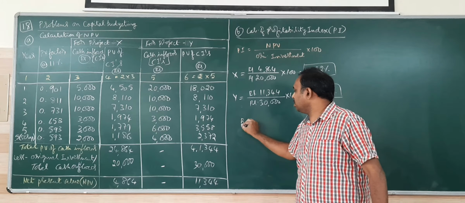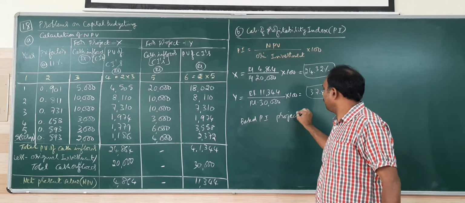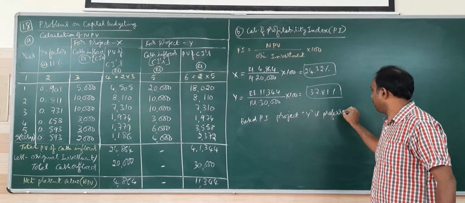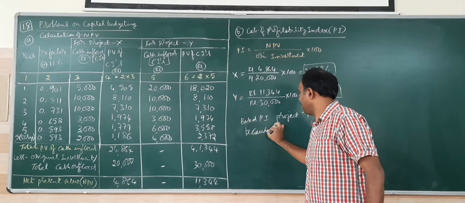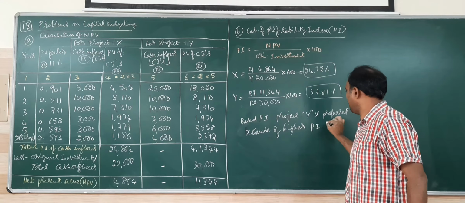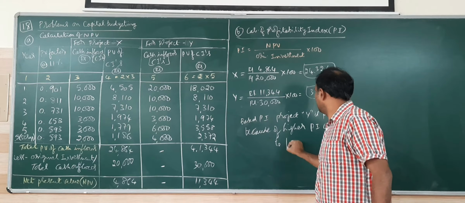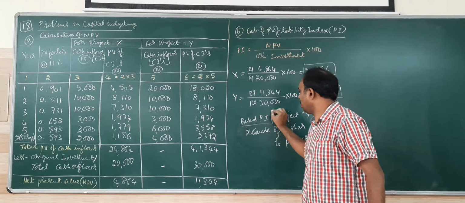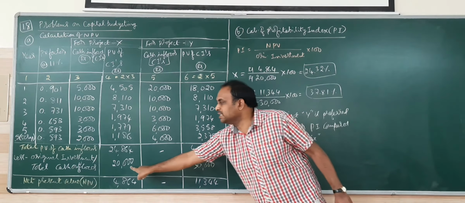We have to prefer based on the profitability index percentage. So based on PI, project Y is preferred because of its higher PI compared to project X. Based on PI is the best way to choose because the investment amount is different.